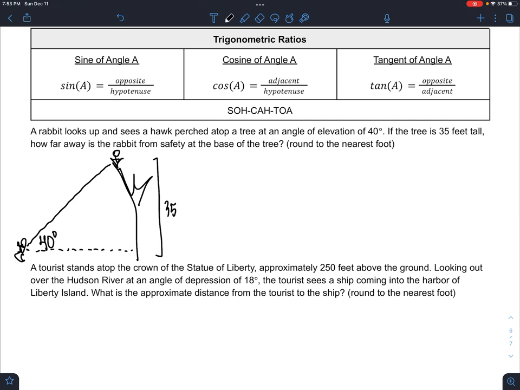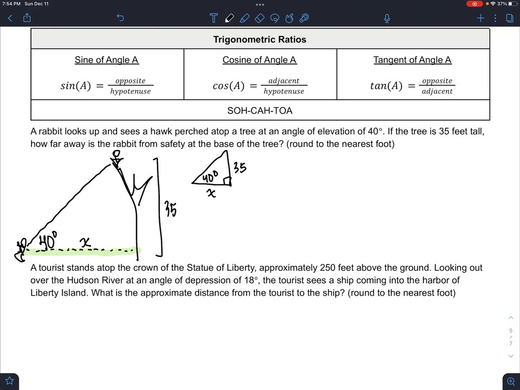This angle is 40 degrees. How far away is the rabbit from safety at the base of the tree? So if this rabbit goes this distance here, they're going to be safe at the base of the tree. That's the mystery distance x. So we have a right triangle with 40, x, and 35.